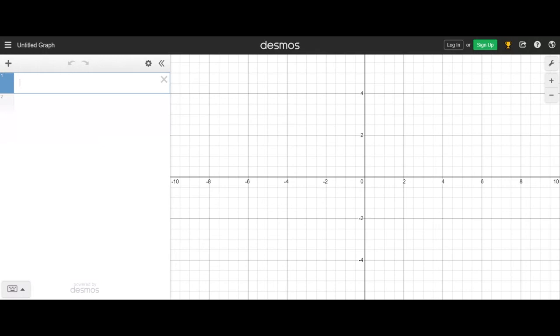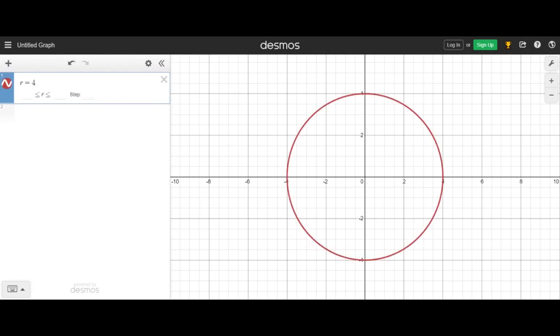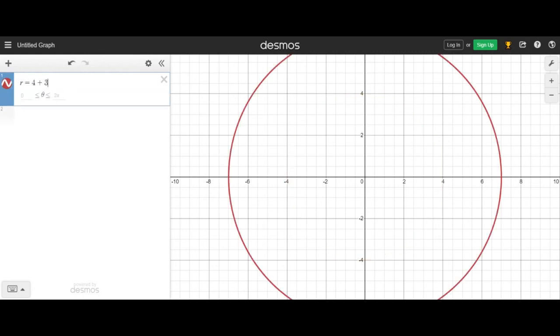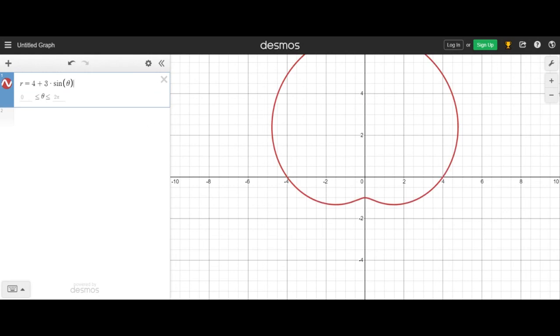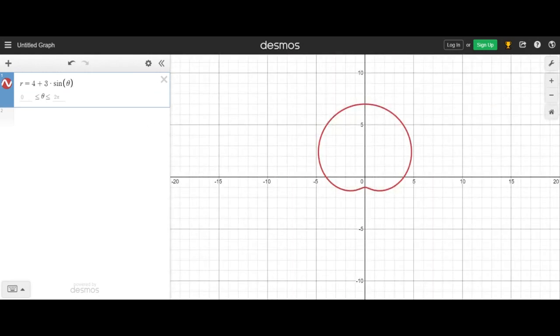So r equals 4 plus 3 times the sine of theta. By default, Desmos uses theta between 0 and 2 pi, and this is a cardioid. We call this a cardioid, and we want the area of the right half of that cardioid.